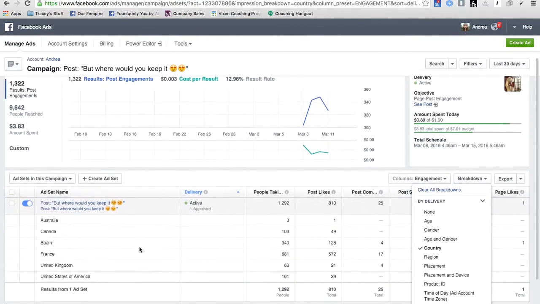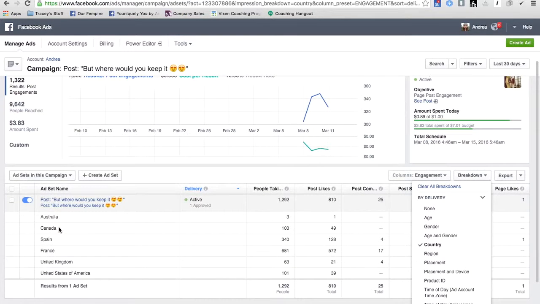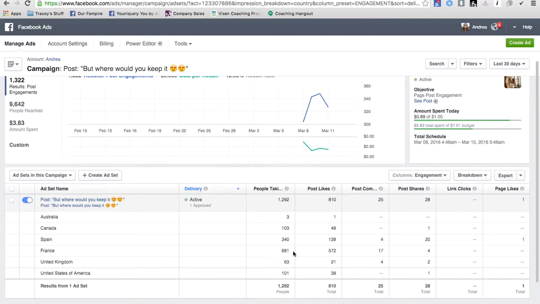And you can see I put this ad out into Australia, Canada. France is really high in interacting on this. But hey, I got a like from Spain, and we're launching into Spain this year, and that's great in my book. So these are the other things that you want to be looking at.